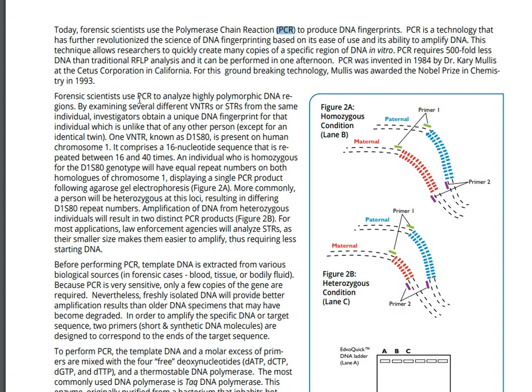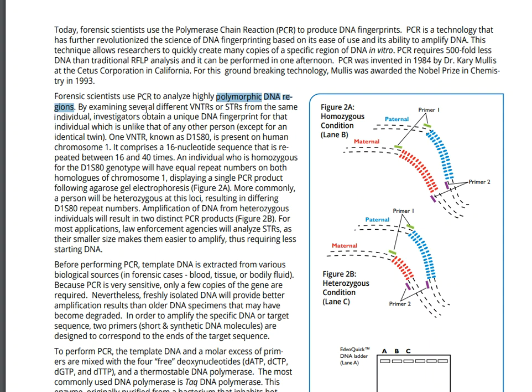So here they're going to go through a discussion on PCR, and it's going to say, okay, so we're going to use PCR and we're going to analyze these polymorphic DNA regions. And now you know what that fancy word means. Polymorphic means changes. These are regions of the DNA that are changing from one person to the next, and we want to pay attention to those, because if we can isolate those and put a focus on those, we can get these different bands that begin to happen in electrophoresis.